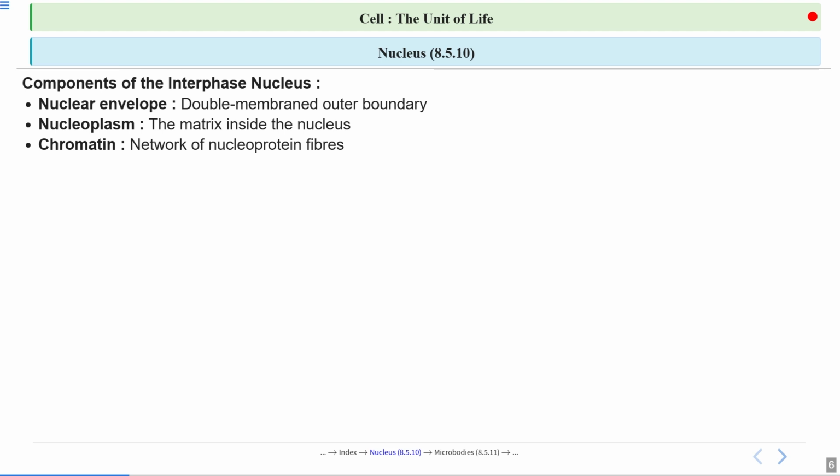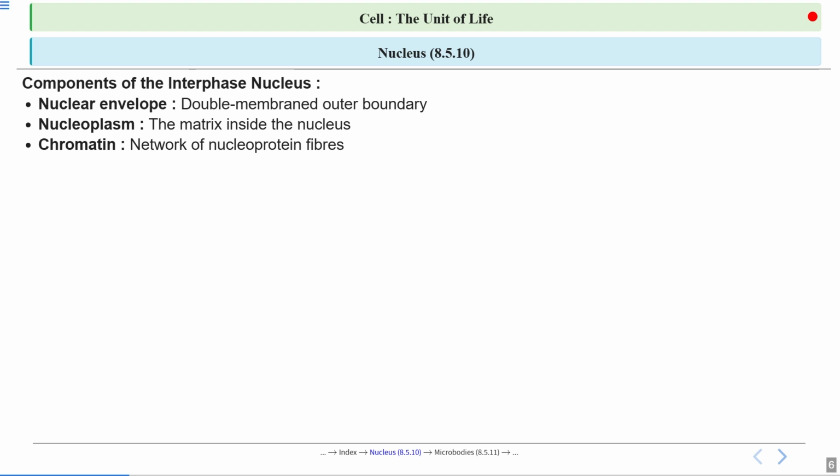So I've told you that the chromatin is made up of nucleosomes. What is a nucleosome? A nucleosome is DNA wrapped around the histone proteins. So you can call the nucleosome a nucleoprotein. These nucleosomes are attached together to form the chromatin.